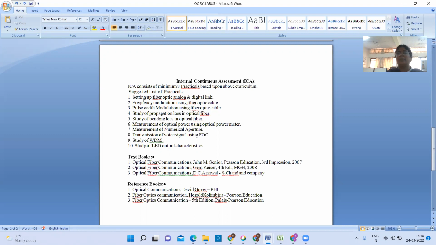If you see here, this is the optical fiber cable. Right now I am not able to show you the kit, but I will show you how the light comes out from this optical fiber cable. You can see now.